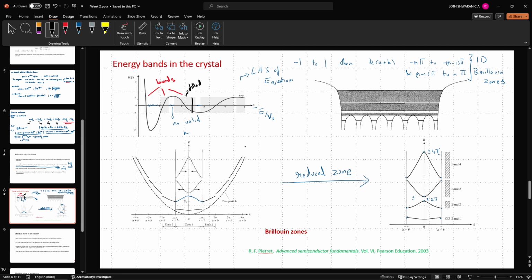So by definition, the valence band is the highest occupied band.